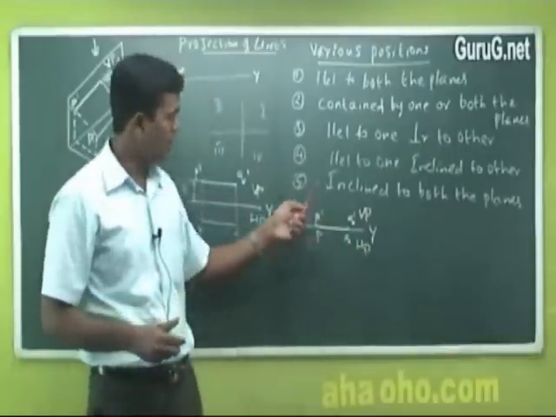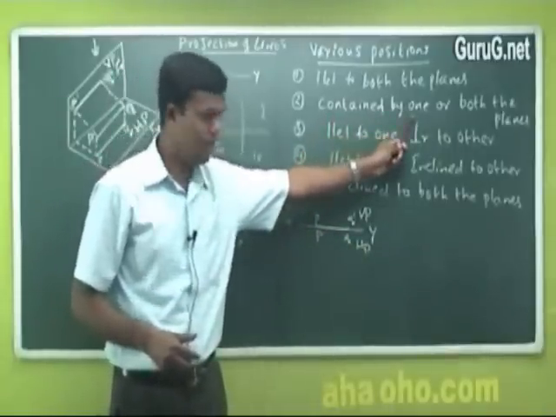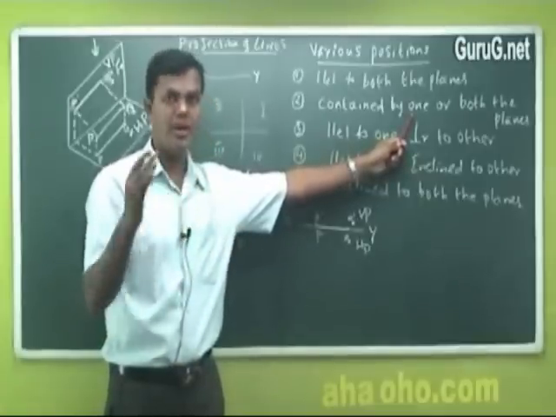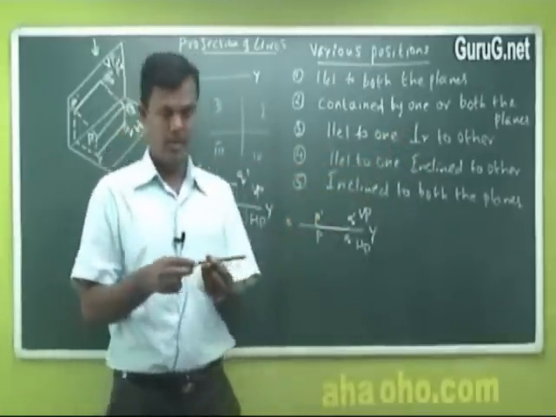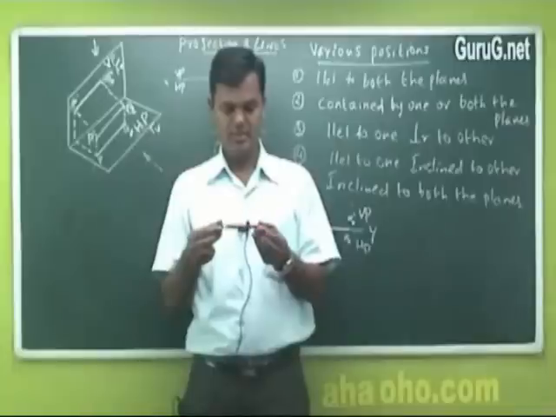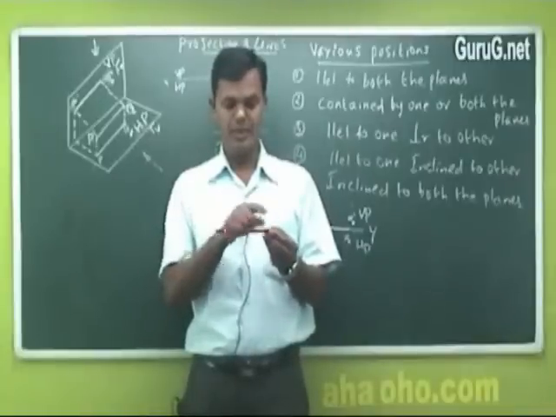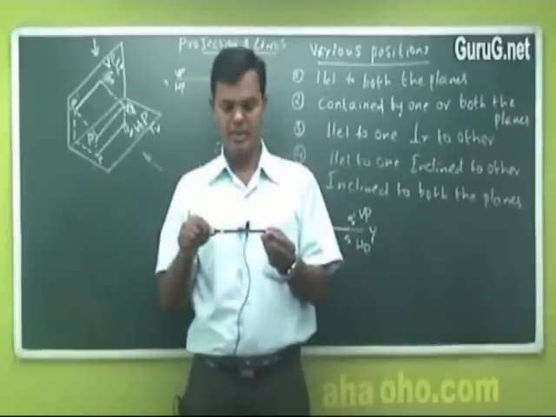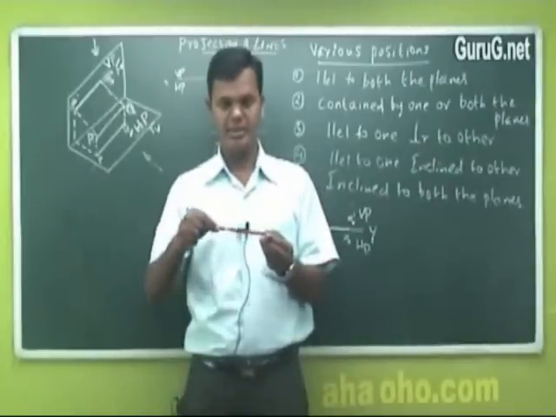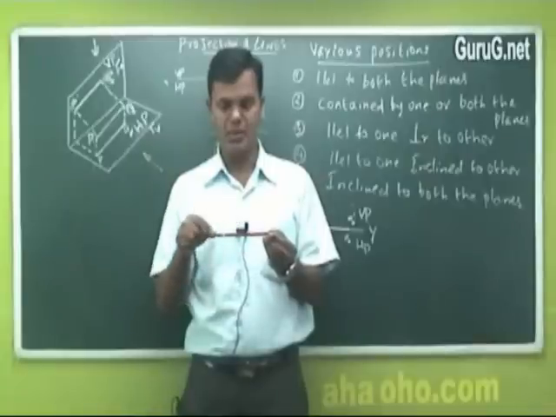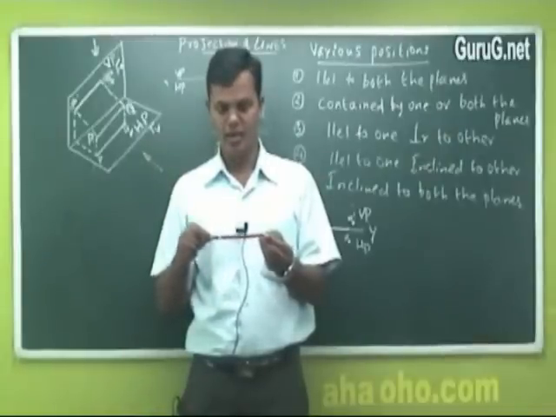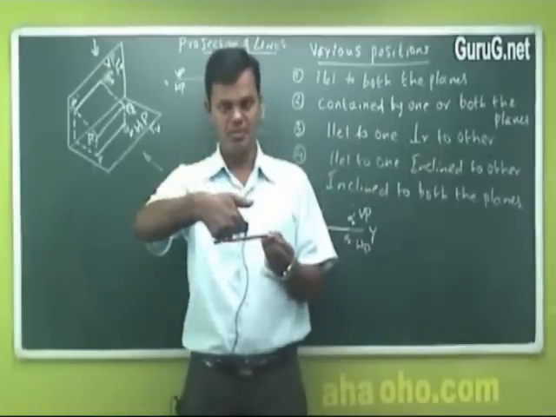Now if I say contained on one but not contained on the other, how would you do it? As I was just telling about, see this parallel line. If this is P and Q, I would rotate this line like this. Wherever I rotate it, P remains as it is, and Q is actually rotating or inclined. This inclination cannot be seen in your front view.